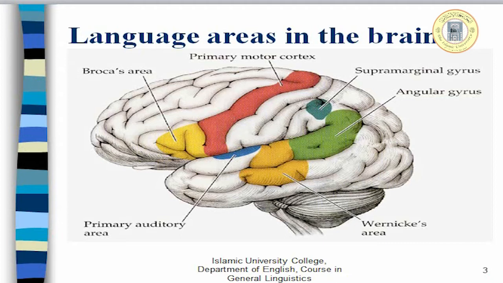The second area is called Wernicke's area, as we see here. It is called the posterior speech cortex, or Wernicke's area, after the German doctor Karl Wernicke.